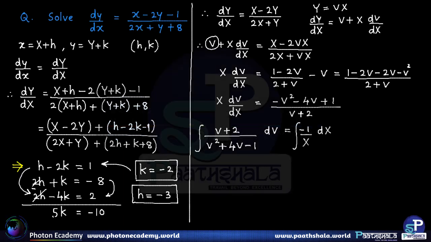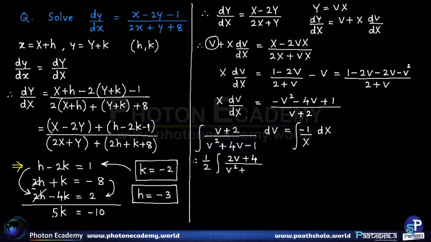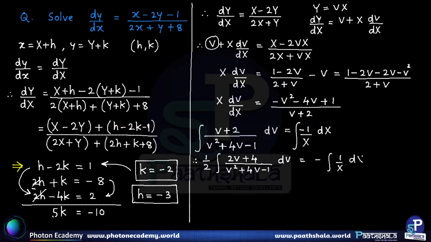Right? So therefore we write it as 1 upon 2 into (2v plus 4) upon (v square plus 4v minus 1) times dv is equal to minus 1 upon x dx, plus c we will write after we do the integration.